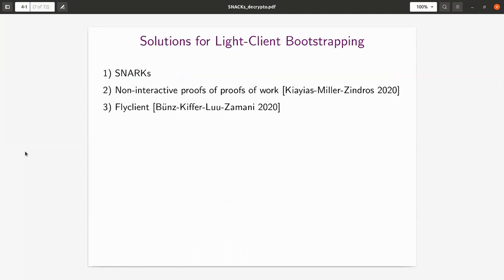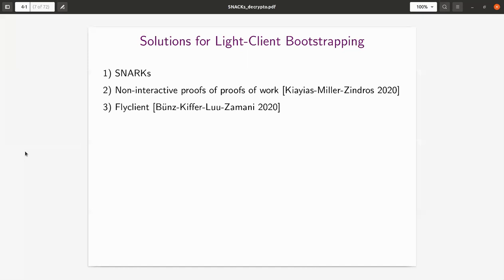So the solutions that have been studied, I will highlight mostly bootstrapping because it's the one problem that received more attention, but our work extends to all of these applications. One can think of the generic solution of snarks.